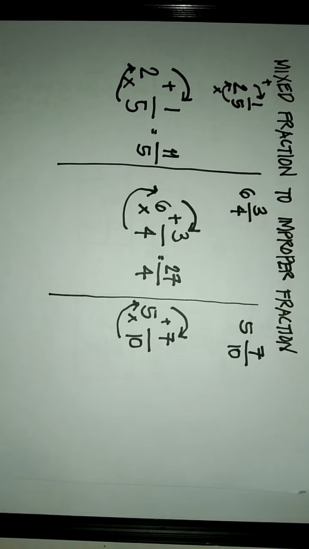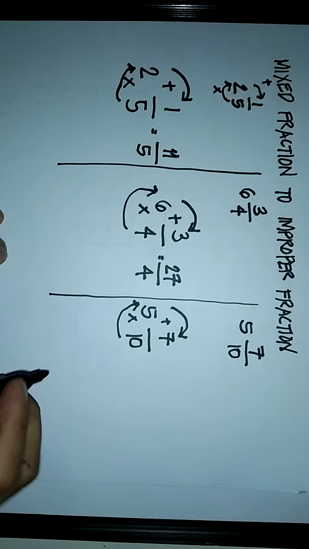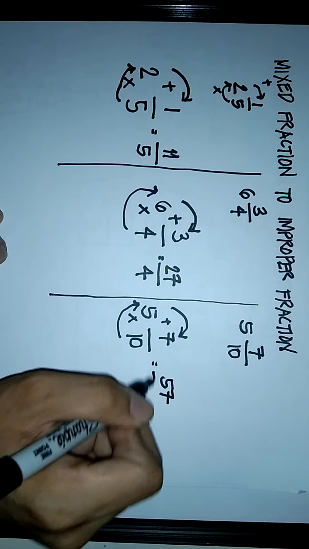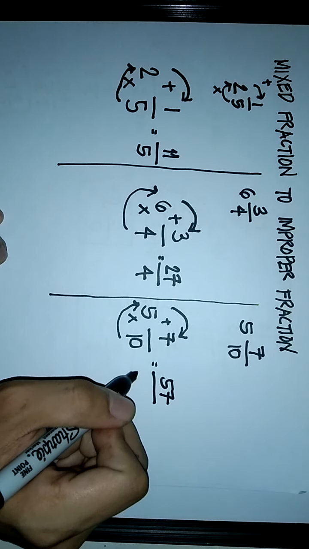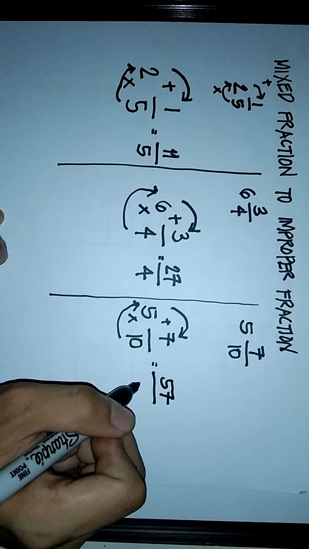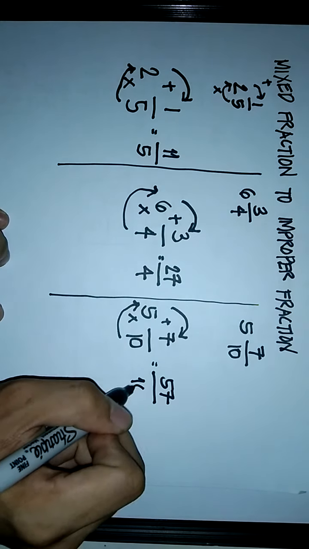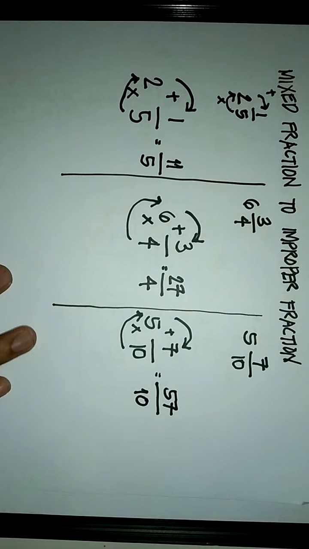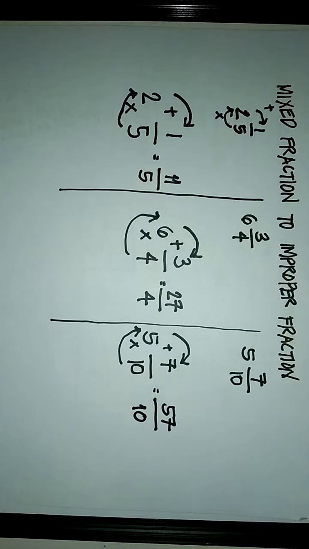Napakadali lang ito para sa inyo. So, let's continue. We have 10 times 5, we have 50. Plus 7, that is 57. And 57 over, yung denominator niya is the same with our given, which is 10 also. So, yan yung ating final answer. And that's how you convert mixed fraction to improper fraction.